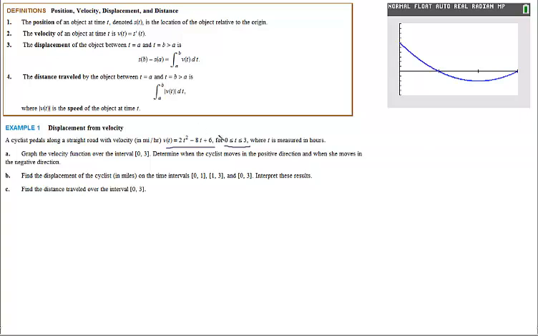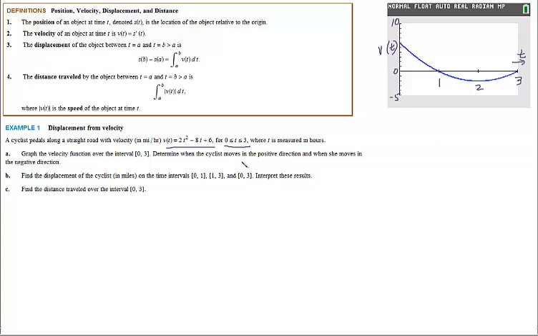I graphed this from 0 to 3 like they asked me to. This is a 2, that's a 1, there's 0, and then this scale goes from 0 to 10 to -5, just so that you'll know what's going on here. And this is my velocity, so we'll call that v of t, and this is my t.